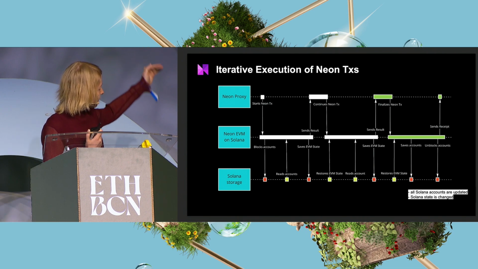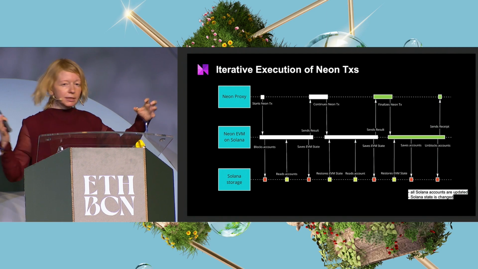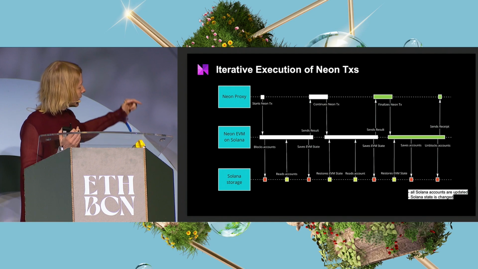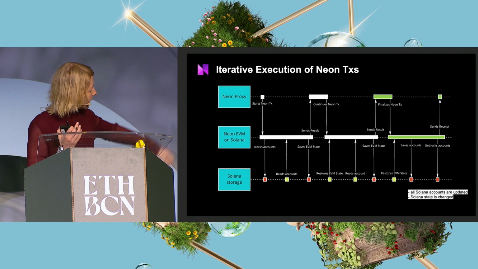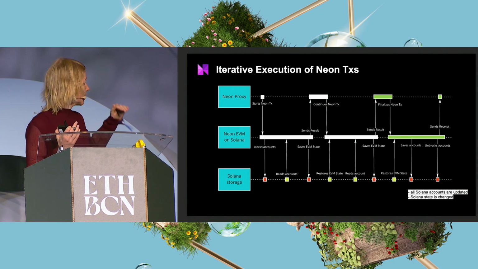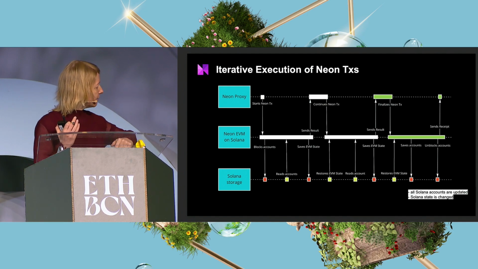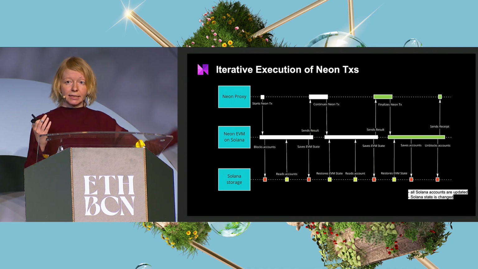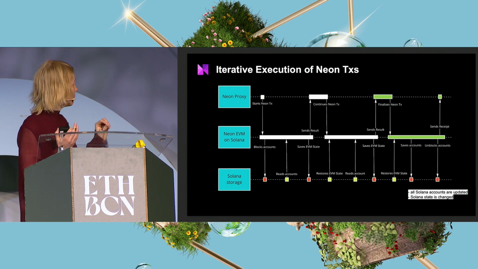So when the first step happens, Neon EVM blocks the accounts that we have in this particular Solana transaction, then it executes whatever it has to execute, and then it reads the data from the special Solana storage account that we have, and afterwards it saves the EVM state and sends the information back to Proxy, and Proxy sends the next Solana transaction associated with this particular Neon transaction.